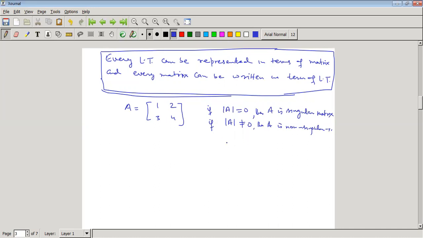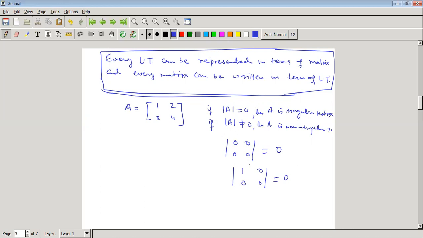So we know that the determinant of the zero matrix is equal to 0, so this is a singular matrix. Now take a non-zero matrix, 1, 0, 0, 0. Again the determinant is 0, so this is again a singular matrix.